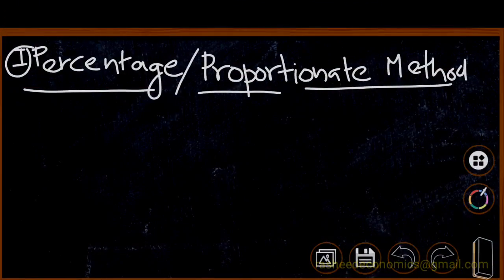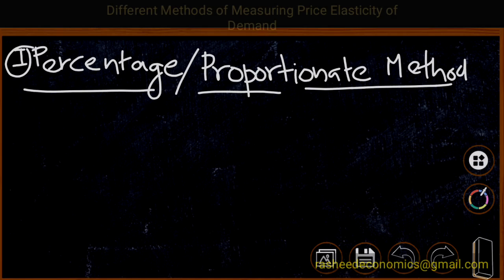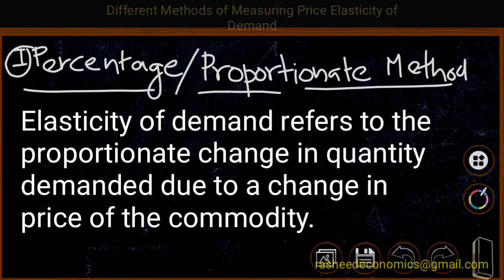The first and most commonly used method of measuring elasticity of demand is the percentage method or proportionate method. We know that elasticity of demand is the proportionate change in demand due to a change in price of the commodity.